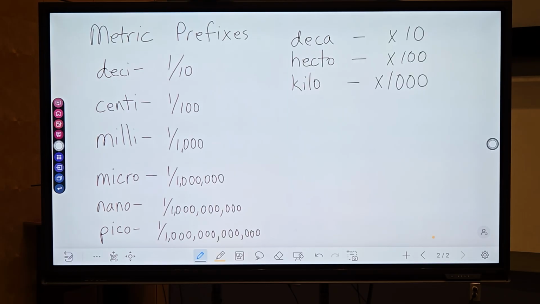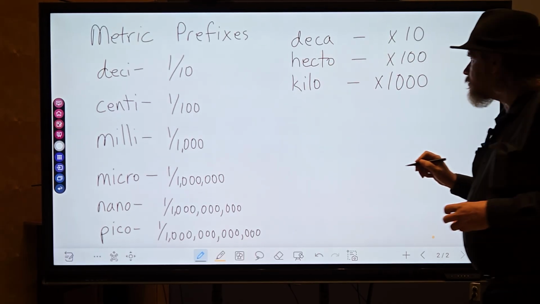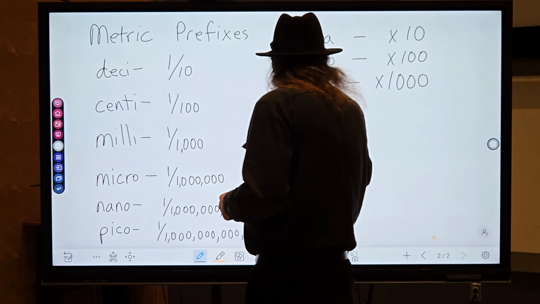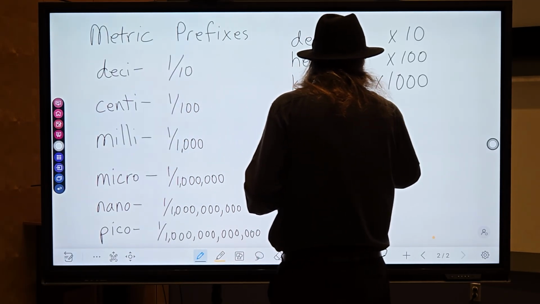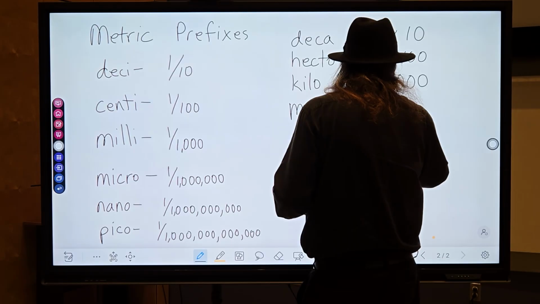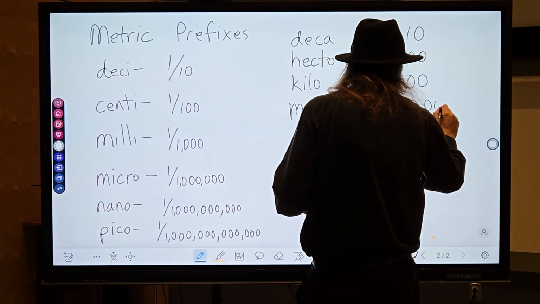The kilometer, where 1.6 kilometers is equal to a mile, give or take. Mega, times 1 million.